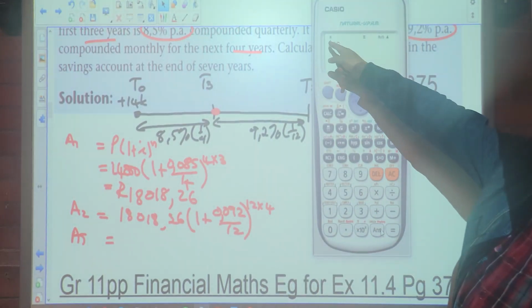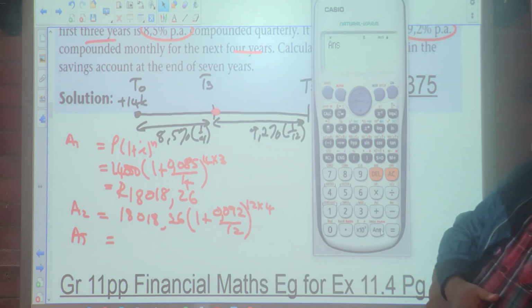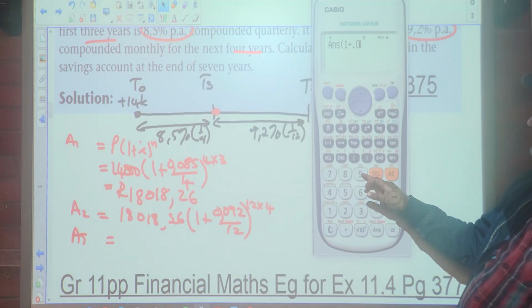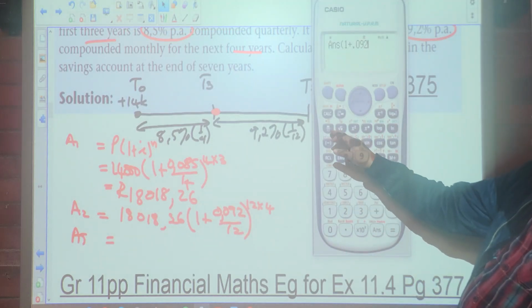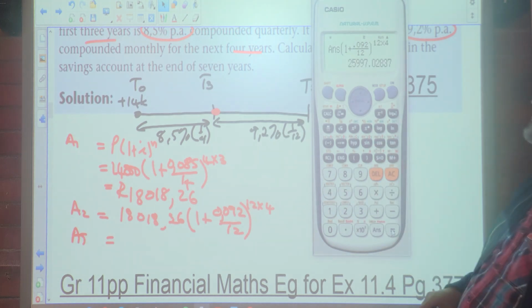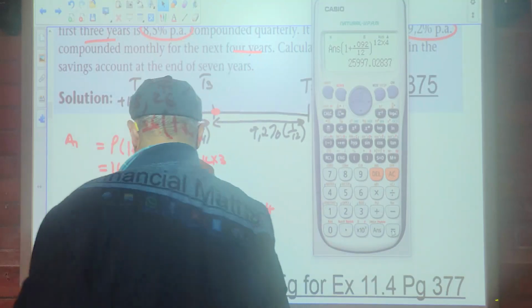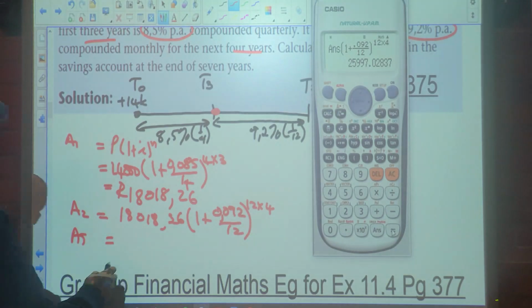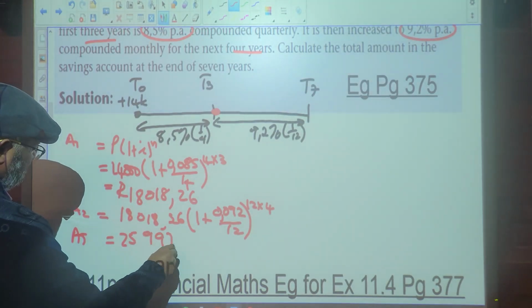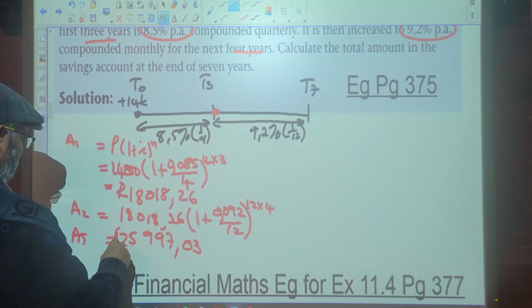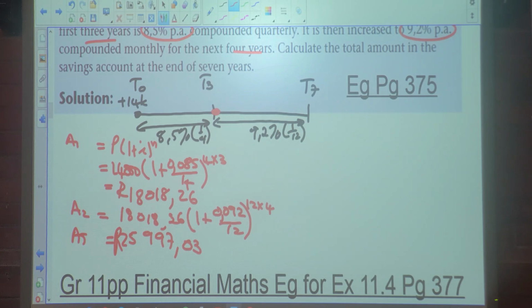This is the answer: the 18,018 Rand and 26 cents into 1 plus 0,092 over 12 to the exponent 12 times 4 gives you 25,997 Rand and 3 cents. Okay? Is that the answer in the book?